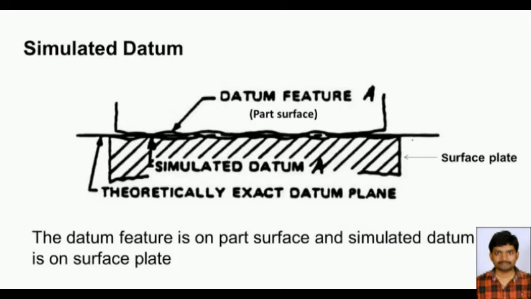Now, in this diagram, we can see there is a surface plate, and there is a line which is a theoretical line, a theoretically exact datum plane. And on the top surface of the surface plate, again there are micro irregularities, and we take the top surface as a simulated datum surface.